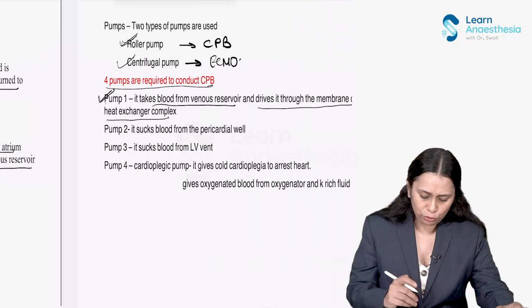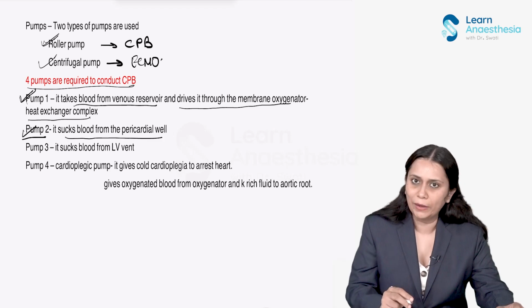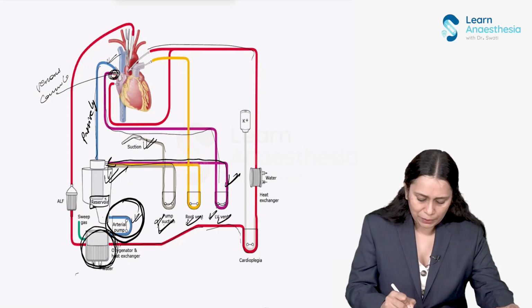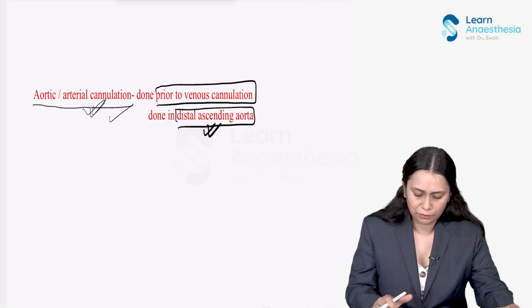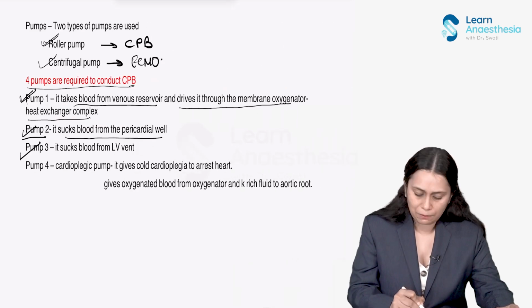Then pump 2 sucks the blood from the pericardial well, the surgical field, the suction pump. Then we have pump 3, which sucks the blood from the LV vent, which we talked about.